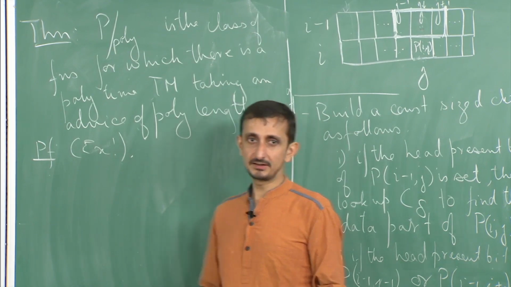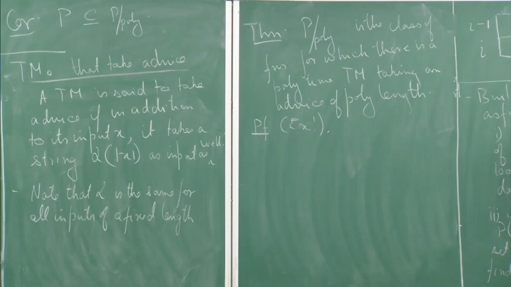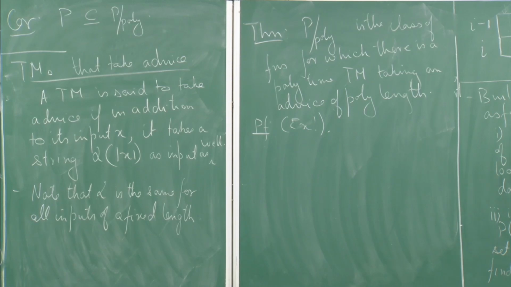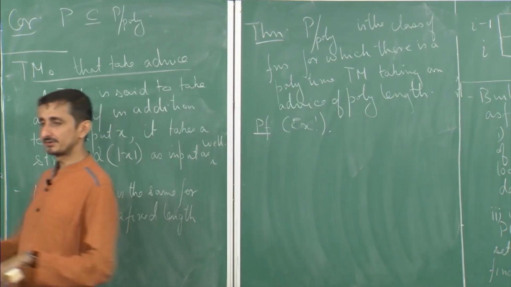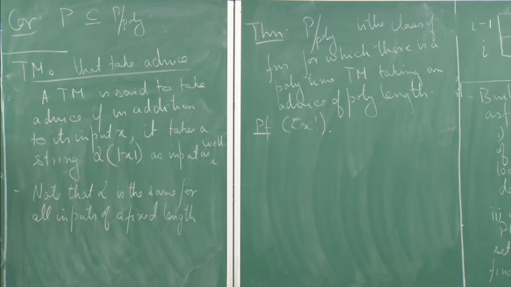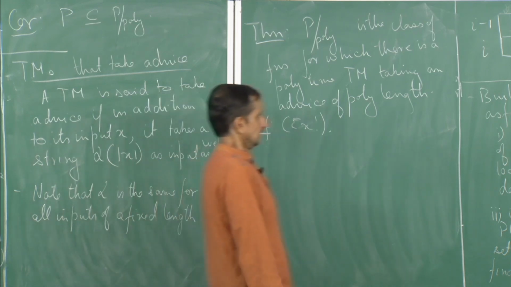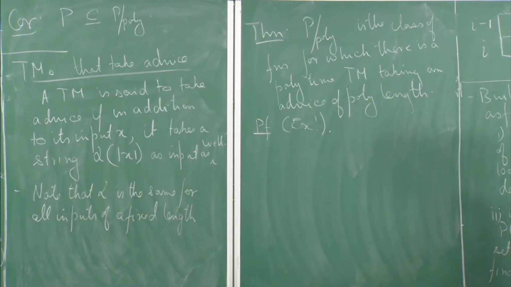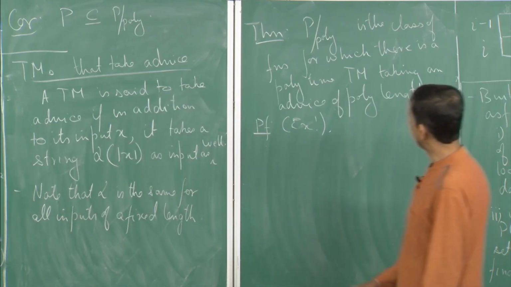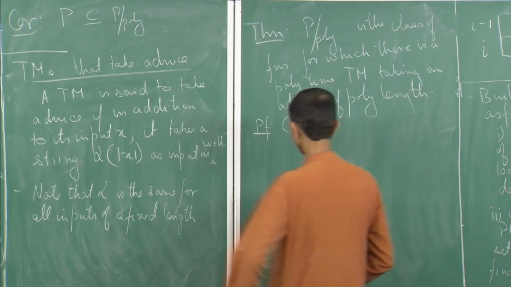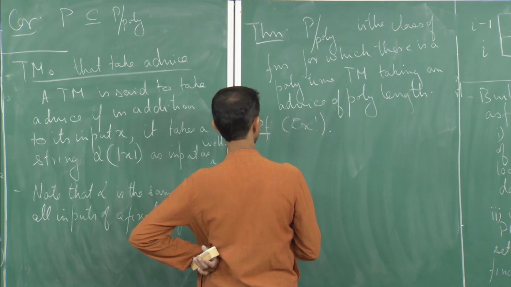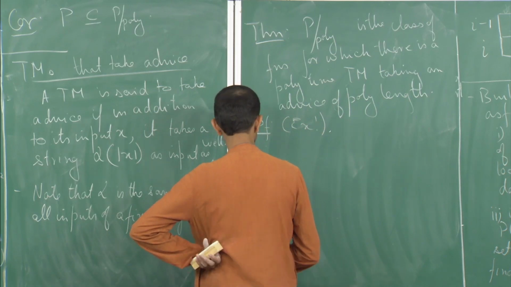The circuit is basically just this simulation and you hard code the advice into that circuit, because it is just one advice string for the entire circuit. So, this shows that P with polynomial advice is the same as P slash poly.